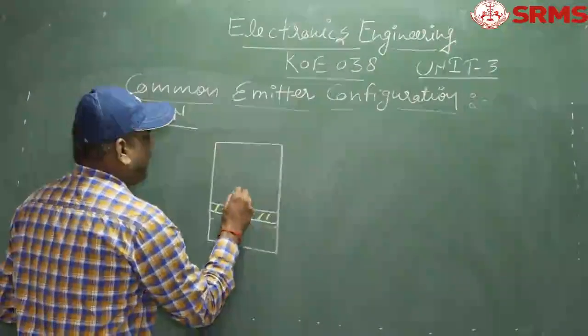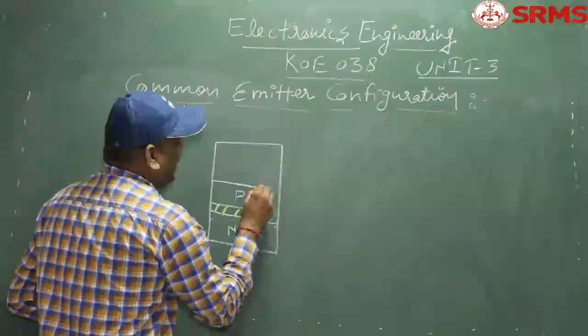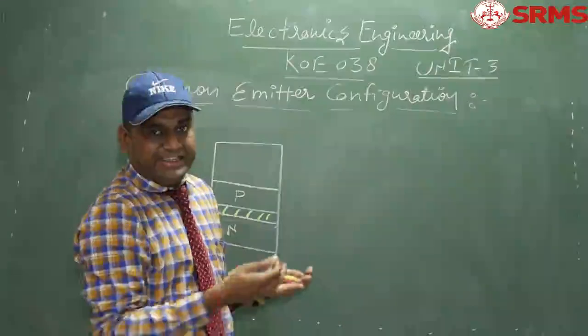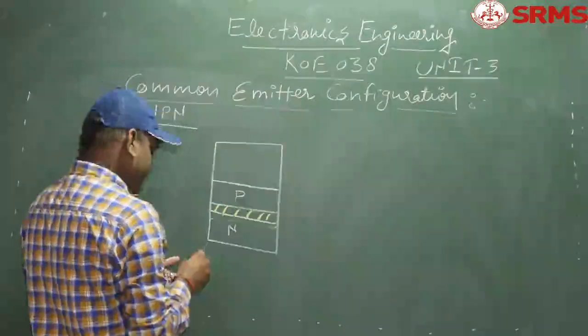Now we have the P region. As it is well known to all of us, the base region must be thin and lightly doped. This is the base region.